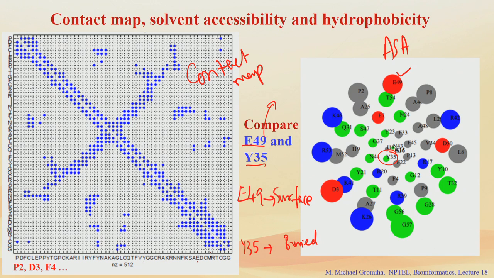Yes, I think this is E49. If you look into this Y, how many contacts does it have? Many contacts, starting from this line. Then what is the hydrophobicity value for this Y35?